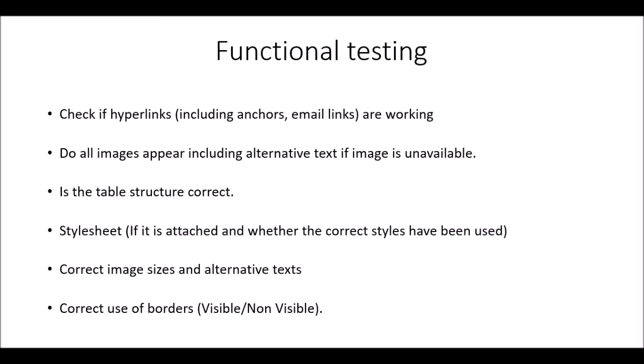Are they everything correct? Because there are some questions they might ask you about functional testing, what it's all about and what you need to do there. These are the things you check whenever you are doing functional testing.